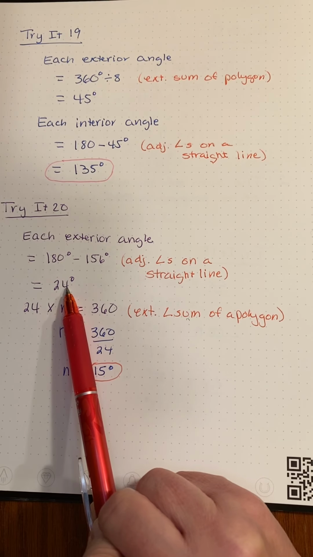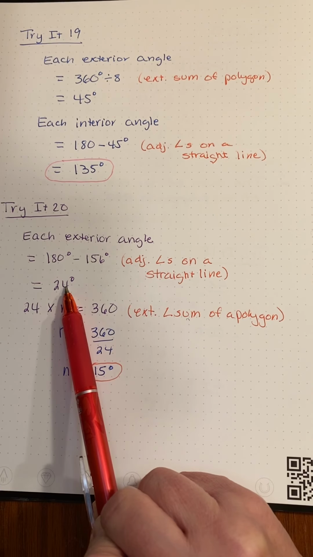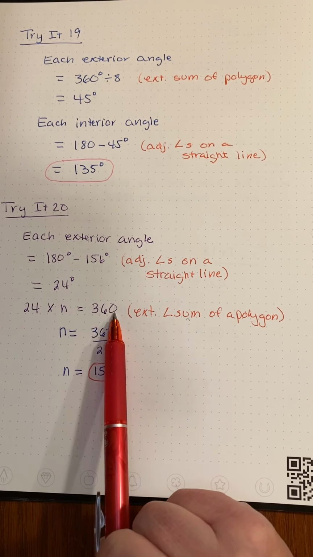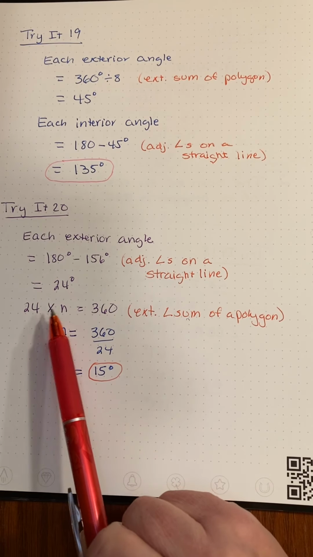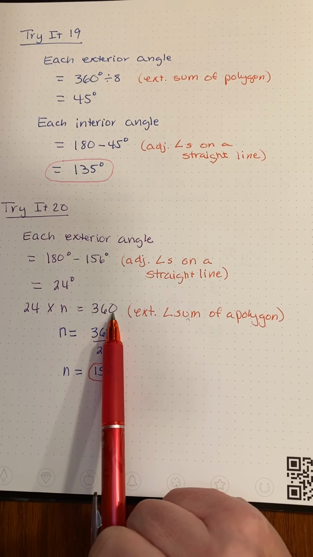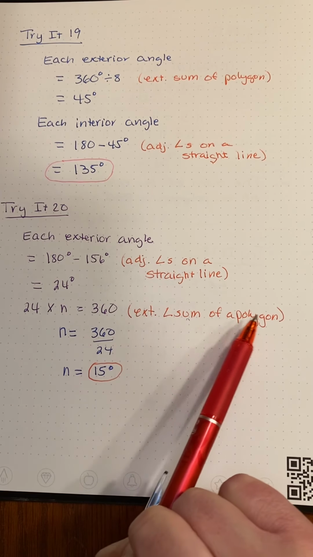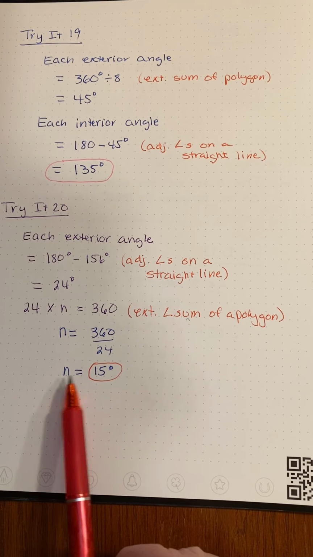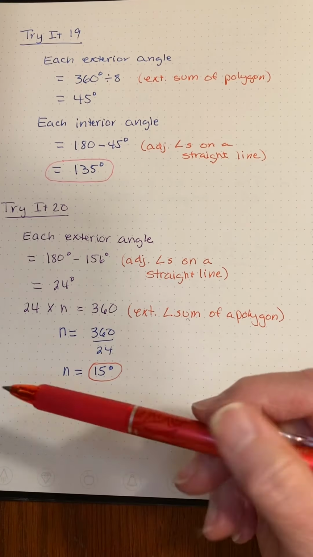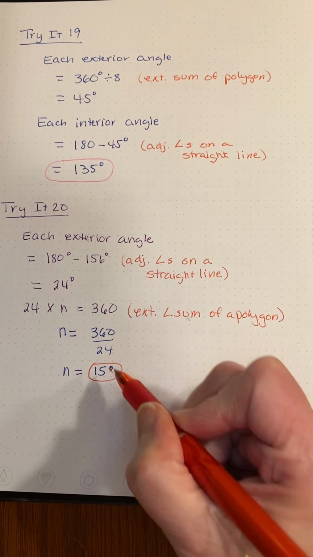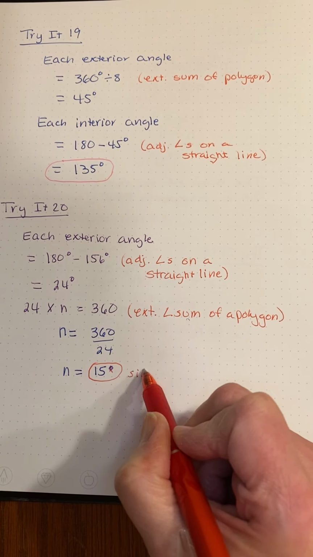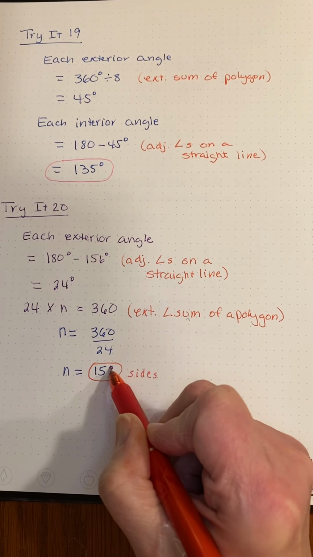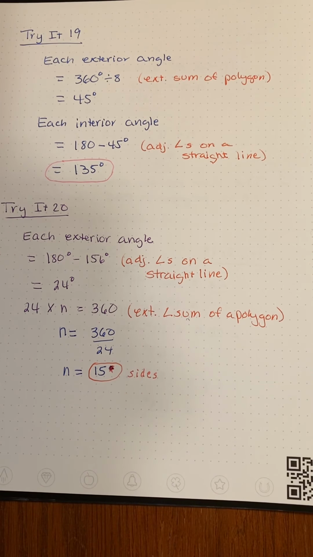Now, for an n-sided polygon, I still don't know how many sides there are, but I know all the angles on the exterior total 360. So if one of them is 24, 24 times however many will get me to 360. Because of the exterior angle sum of a polygon, I divide through to get my answer. Therefore, n is 15. I said 15 degrees, that's wrong. There are 15 sides in this polygon, because that's what I was going for. So 15 sides to that polygon.